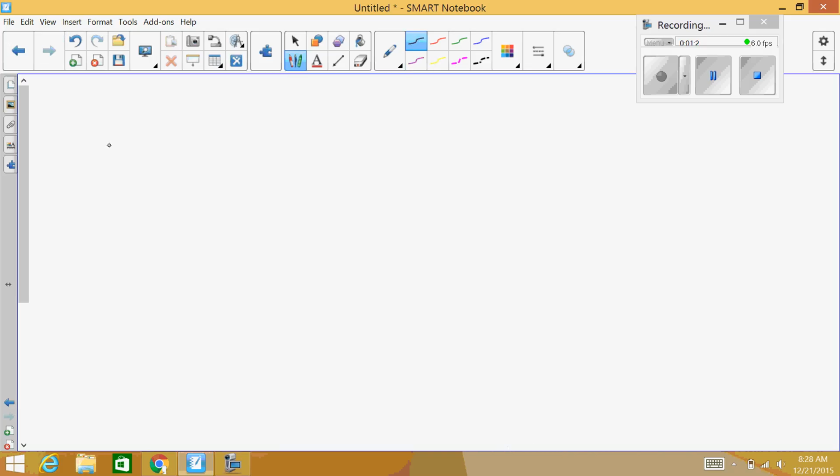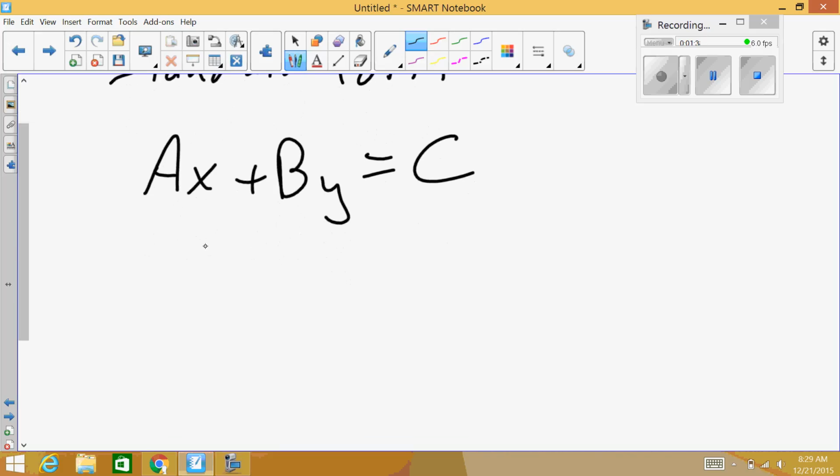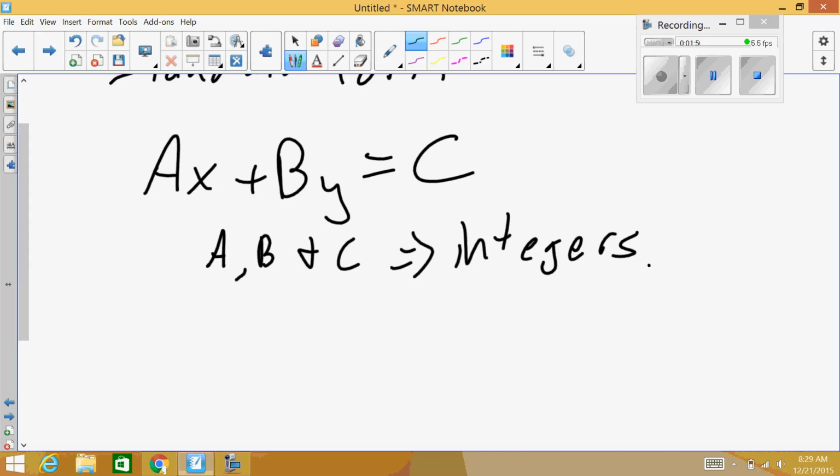The other form that we've talked about is called standard form. And standard form was ax plus by equals c. And we had some stipulations on those. We said that a, b, and c had to be integers, which means that they can't be decimals or fractions.